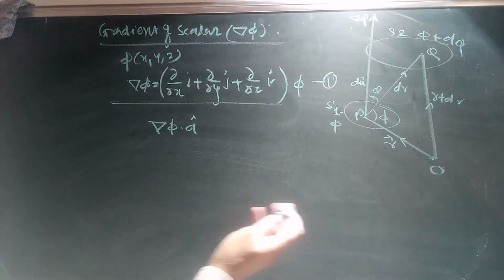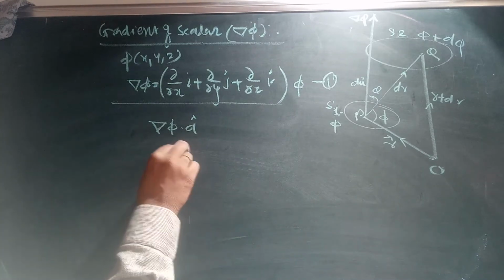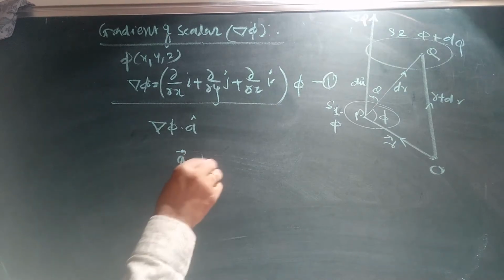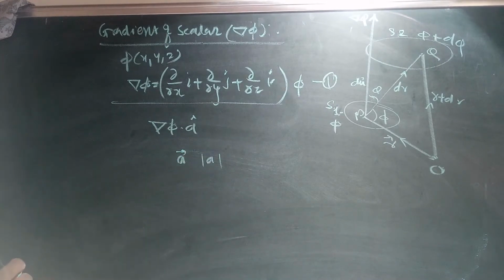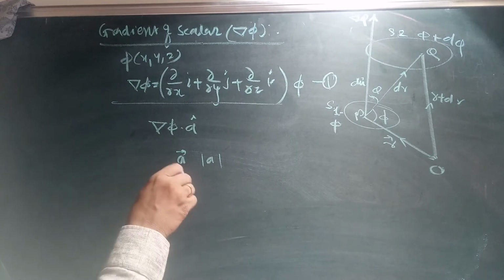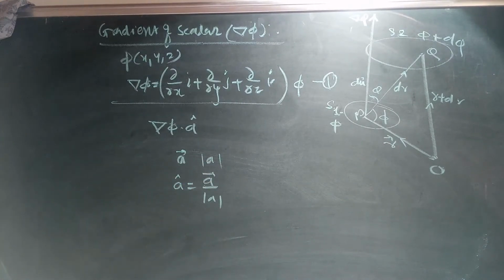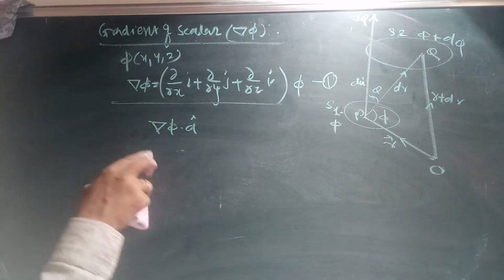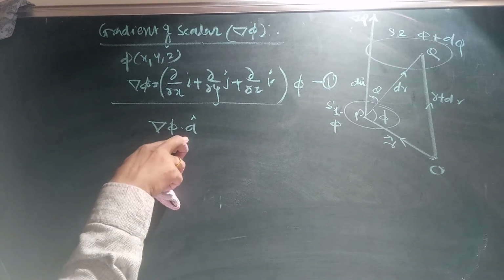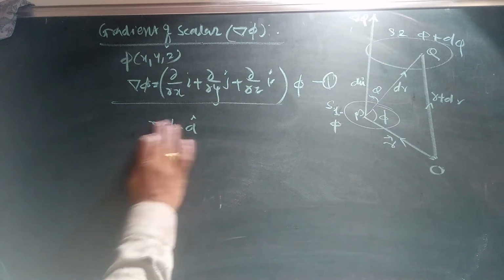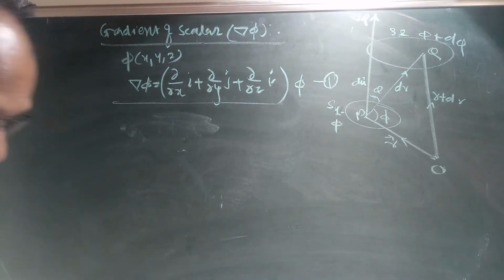Now how can we define the unit vector? If A is the vector and the mod of A is its magnitude, then unit vector A is equal to A vector divided by its magnitude. So this is the directional derivative, that is gradient phi dot A.